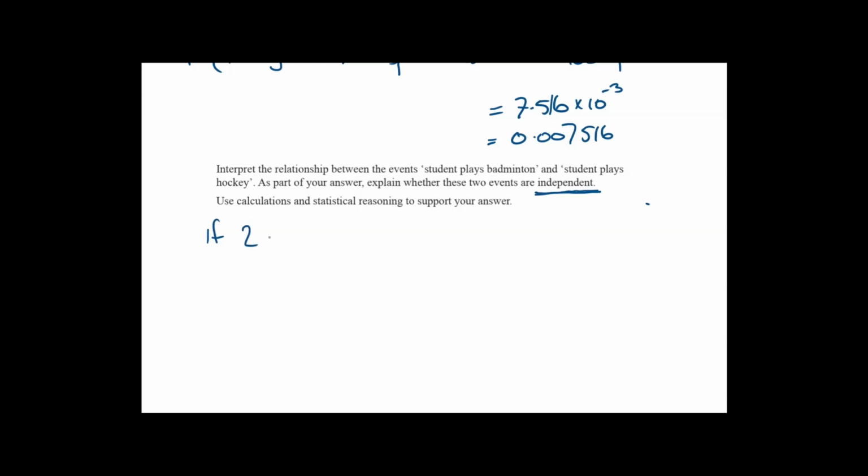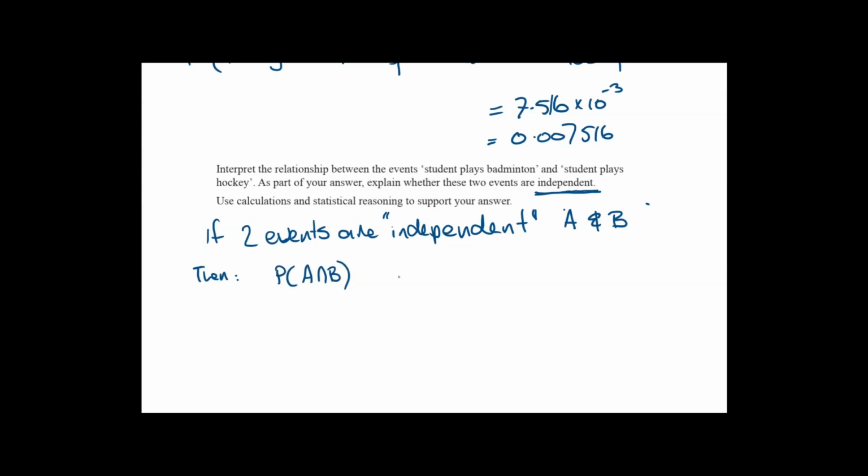If two events are independent, and I'm going to call these event A and event B, then the probability of A and B happening is going to be the same as the probability A happens times probability B happens.